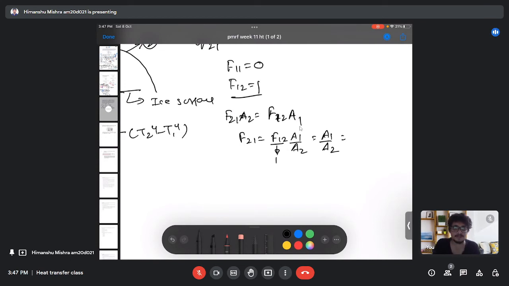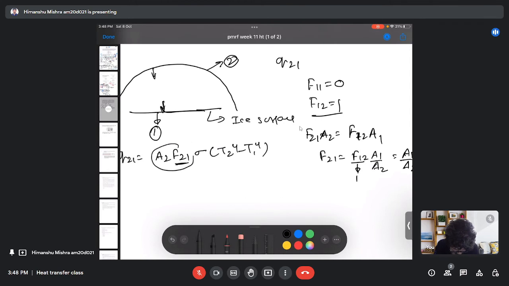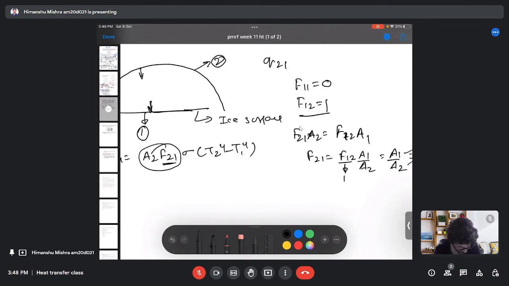But by just plugging in the values of area A1 and A2, since we need to find this quantity, I just need to evaluate this quantity only.